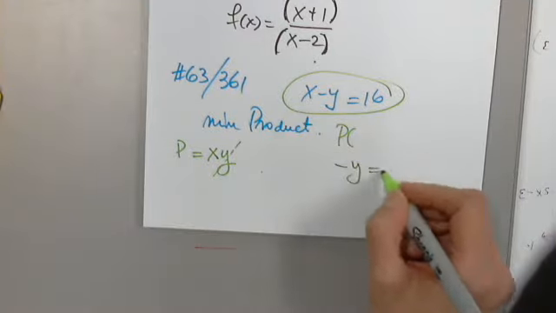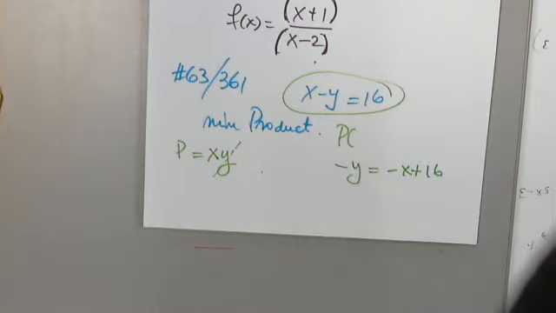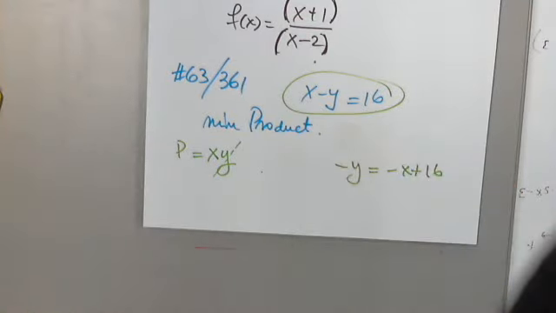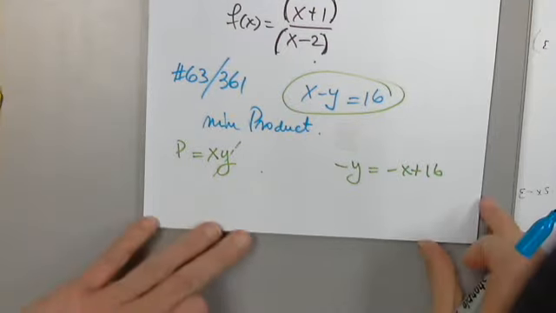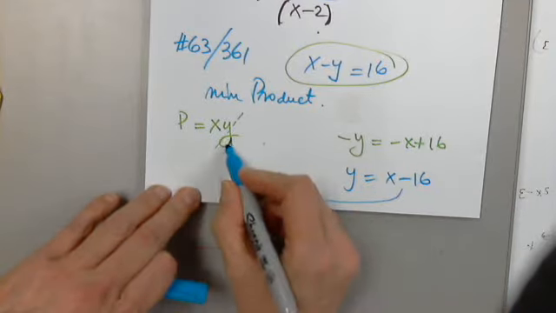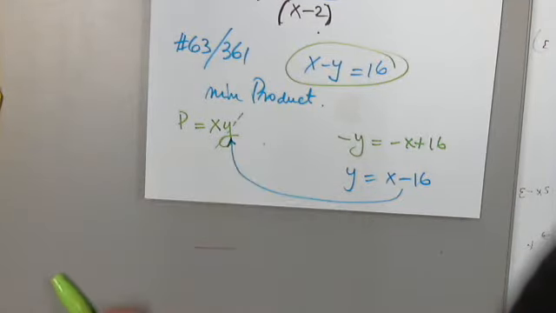So negative y equals negative x plus 16, and then what do I have to do to both sides to get y? Very good. So this is y equals x minus 16. So I found an expression for y.